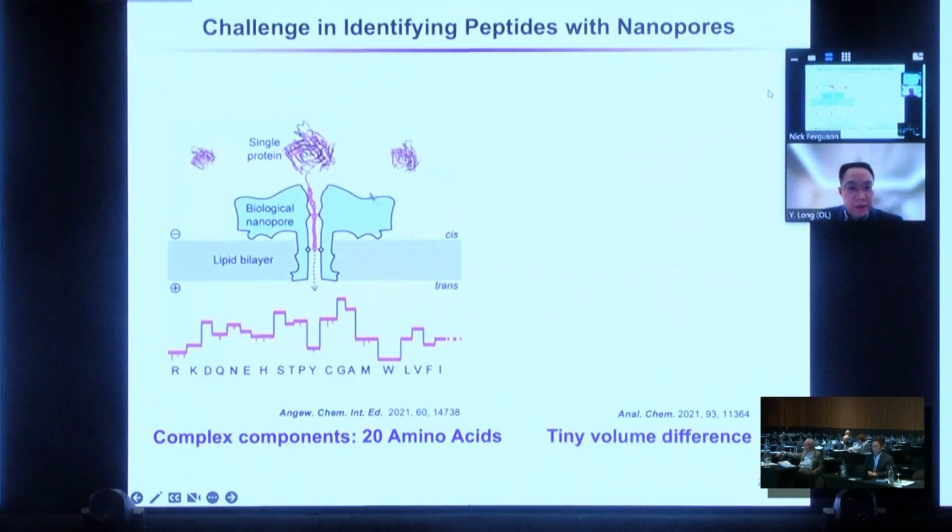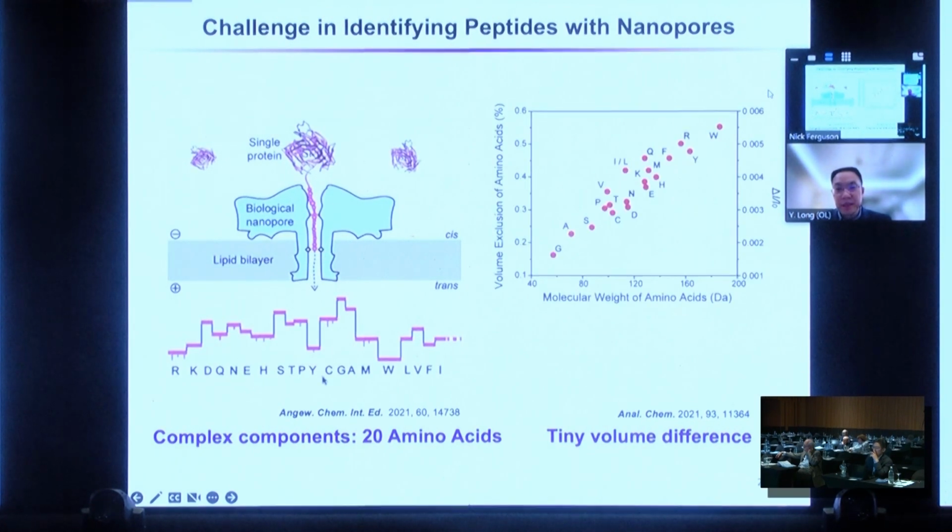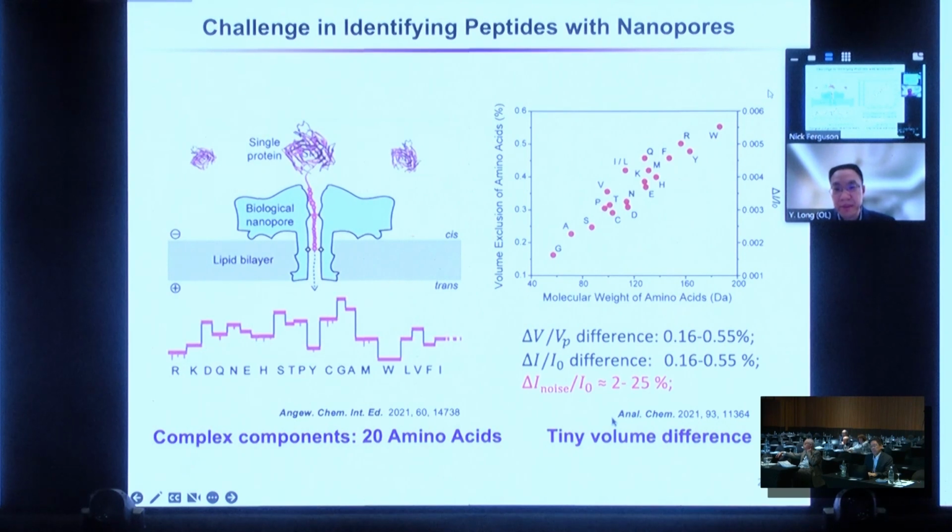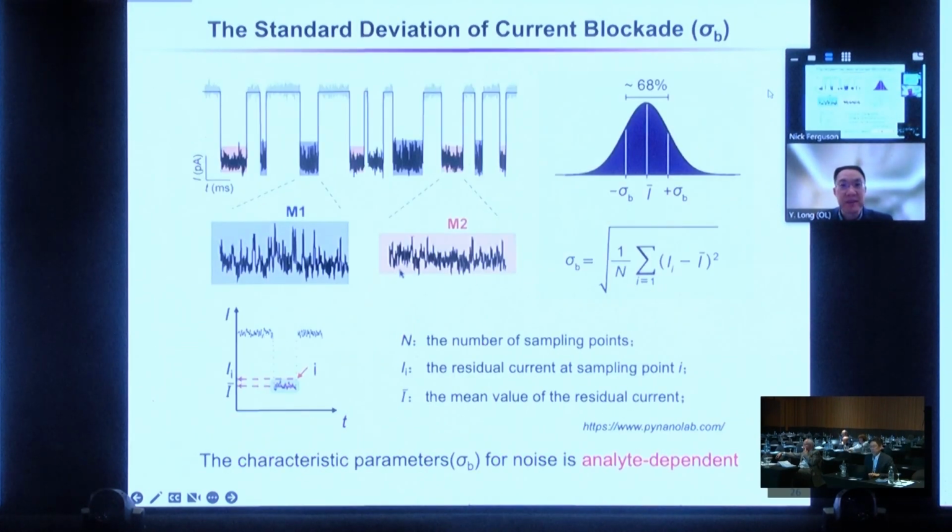And at this stage, we can tackle the amino acid sequence. For all 20 amino acids, when they interact with the designed sensing area, we can discriminate those amino acids by sequence. For amino acids of the same molecular weight, it is harder to determine by volume, but we can determine the interactions, using the standard deviation of the current blockage.